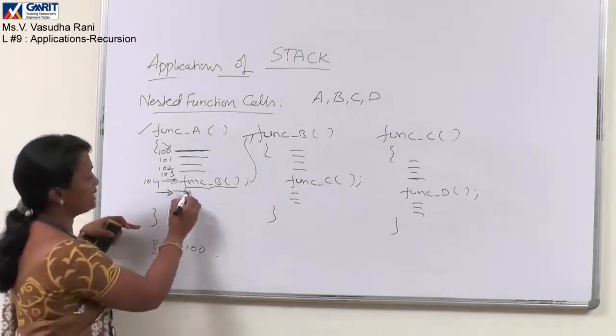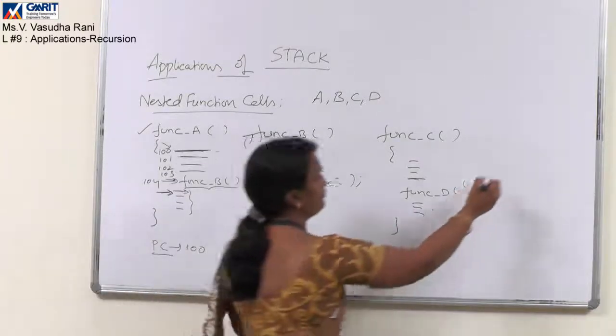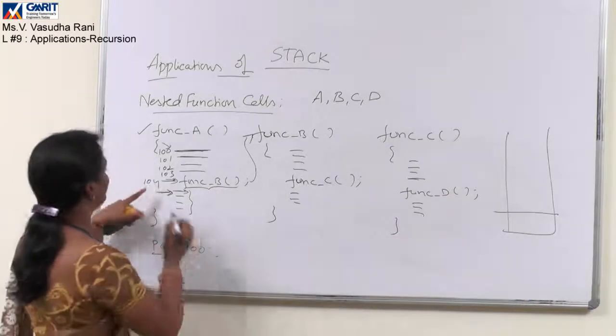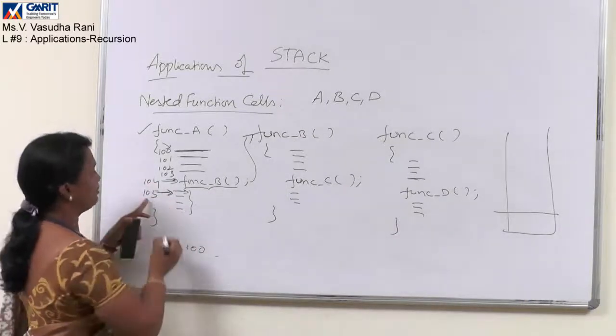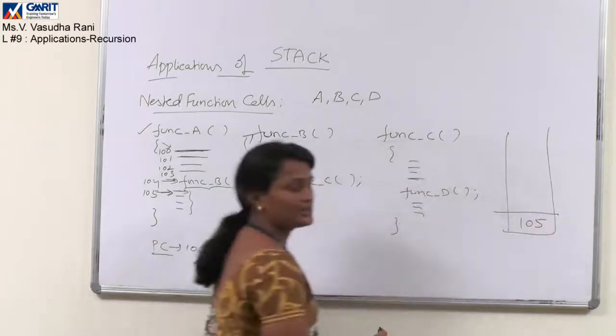For storing these address locations, we have to use the stack data structure compulsorily. So here this is 104, so the next location will be 105, and this 105 will be stored into the stack.